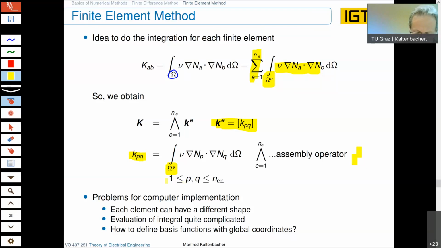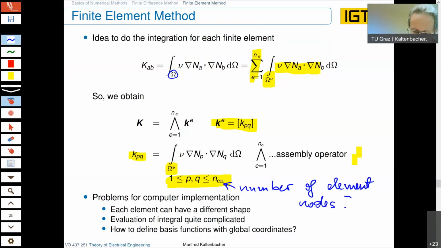You see, now P and Q are the indices, and they go to the number of element nodes. So it is not the number of equations, it's the number of element nodes. And I make it here, for example, 3 by 3 for a triangle.